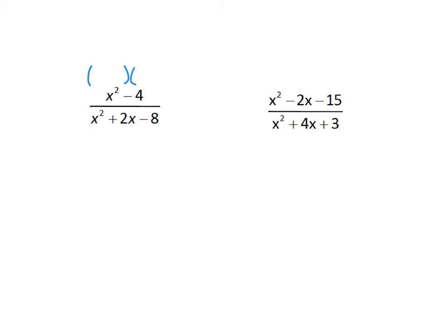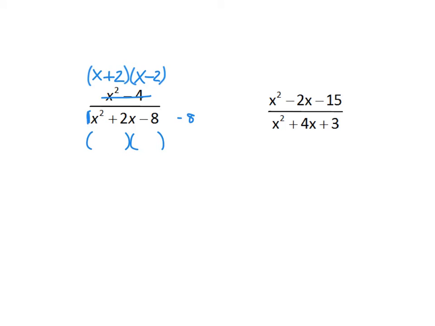Well, the numerator is a difference of squares. It is a difference of squares because it's a subtraction and a perfect square on the left and the right. So we're going to go ahead and put x here and here, for x times x is x squared, and a 2 here and here, for 2 times 2 is 4. And remember, one has to be a positive and one has to be a negative in the middle. In the denominator, we can again factor in our quick method because this is a 1 out in front of x squared.